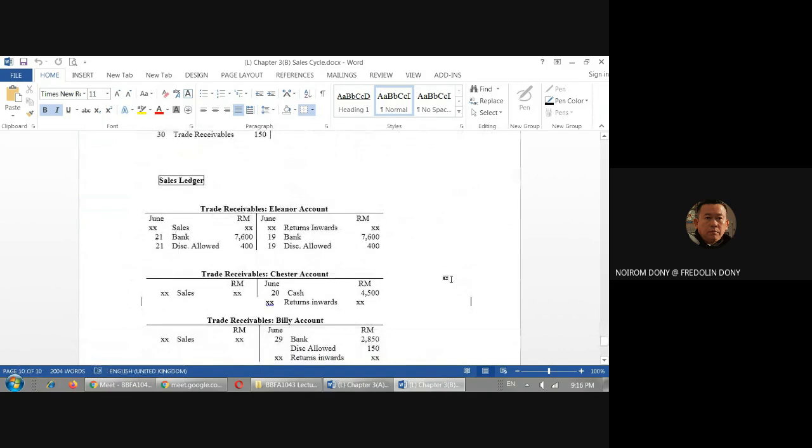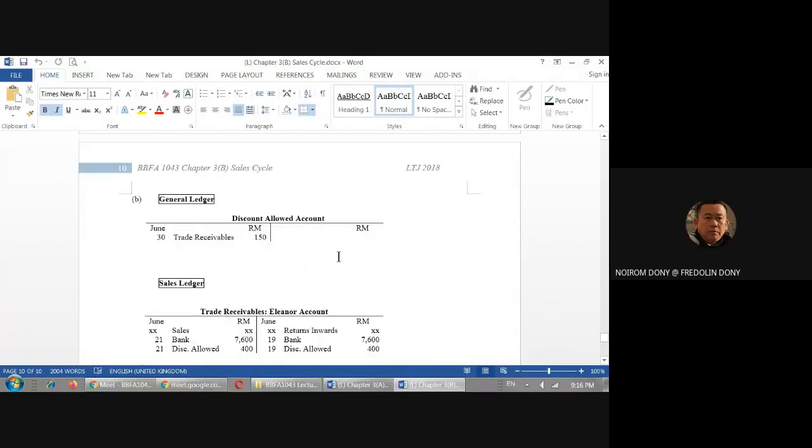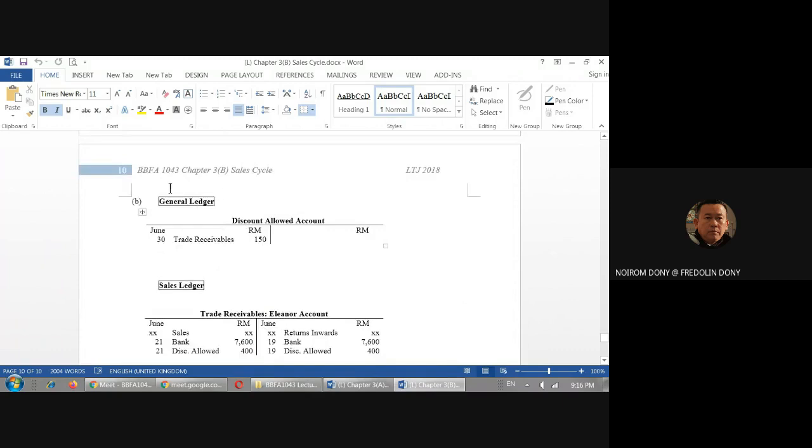Any question? Is the trade receivable control account part of the ledger? Oh, yes. Because trade receivable control account is in the general ledger. Remember, general ledger is the main ledger.